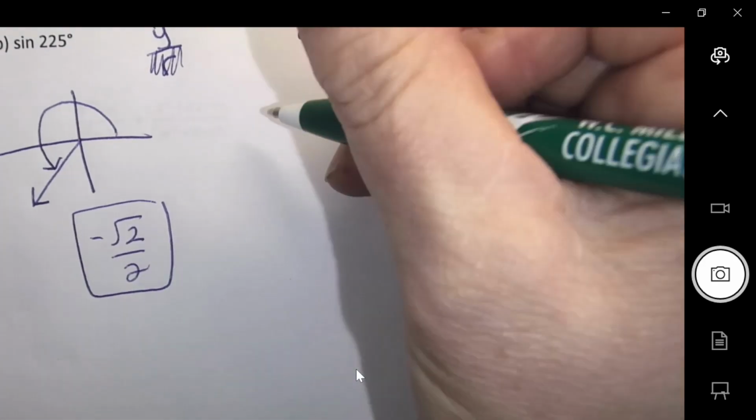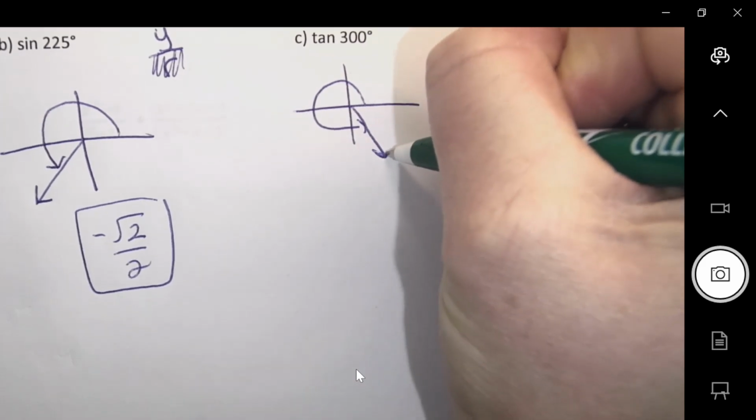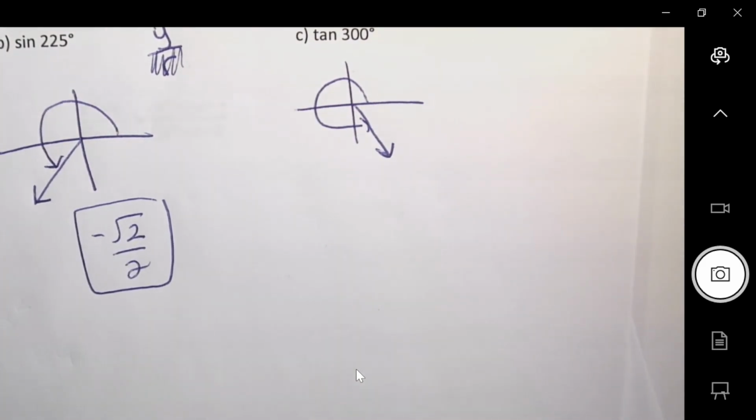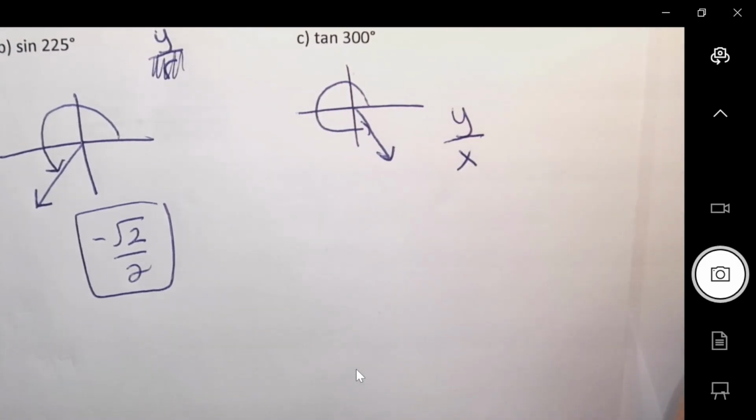Okay, and the last question is a 300-degree angle. So tan on the formula sheet says to do a y divided by an x. And I don't get to cheat on this one.